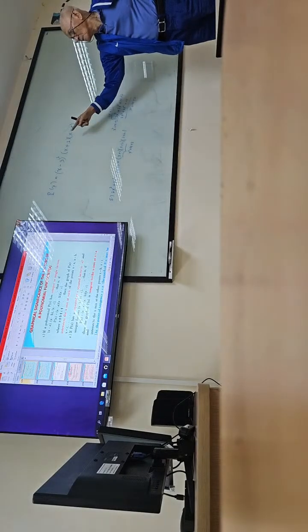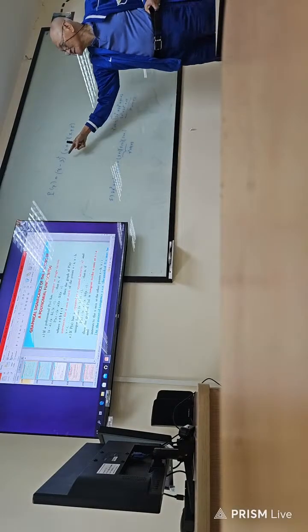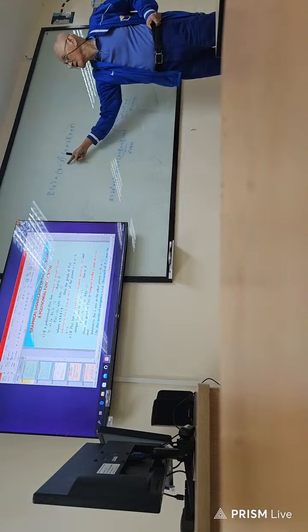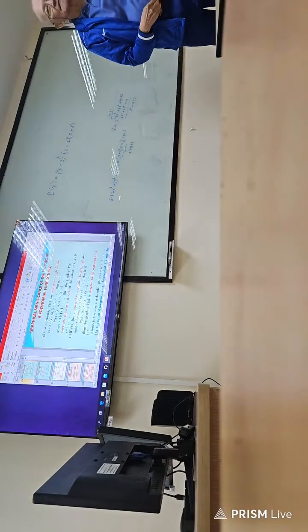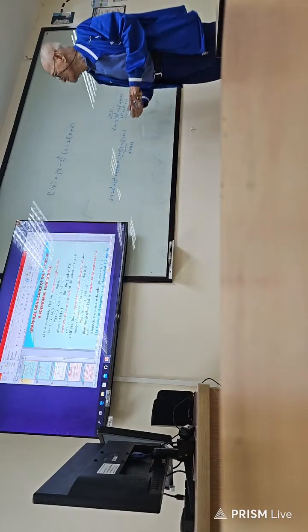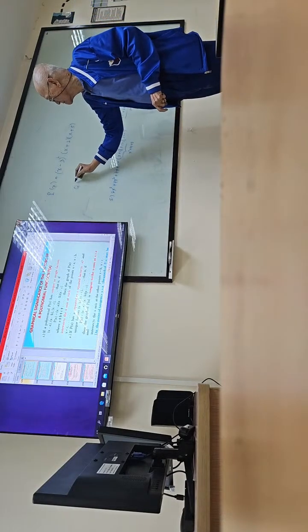That polynomial intersects the x-axis at minus 5, minus 2, and is tangent at x equals 3. Got it? About this polynomial here, guys.